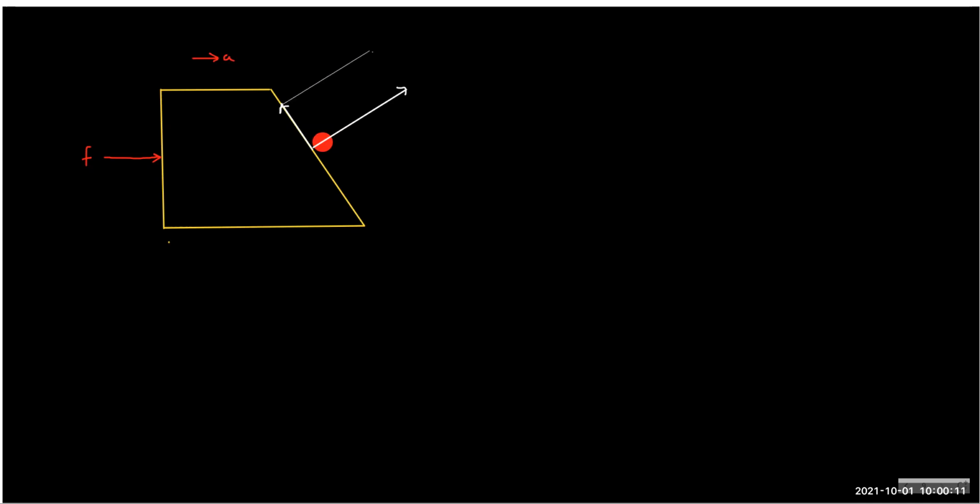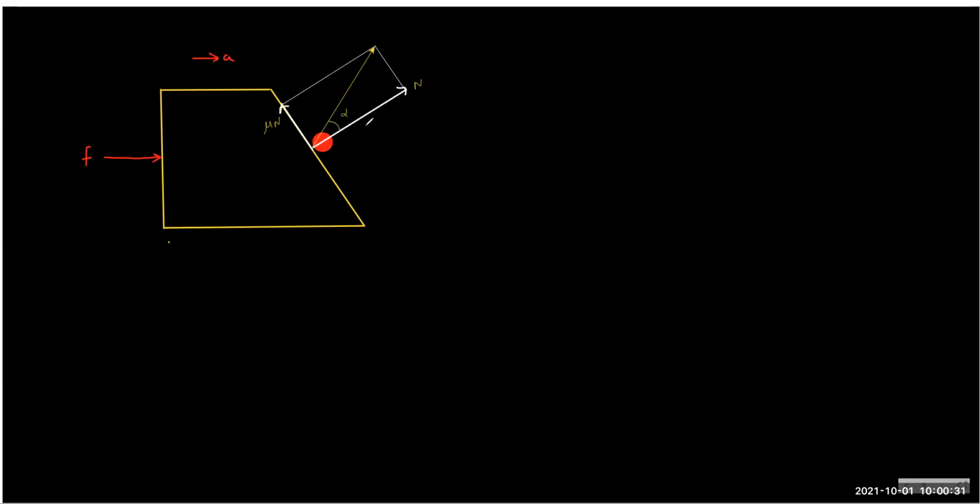So if this is limiting friction, because the friction is acting maximum, this is the mu N acting and this is the N acting.